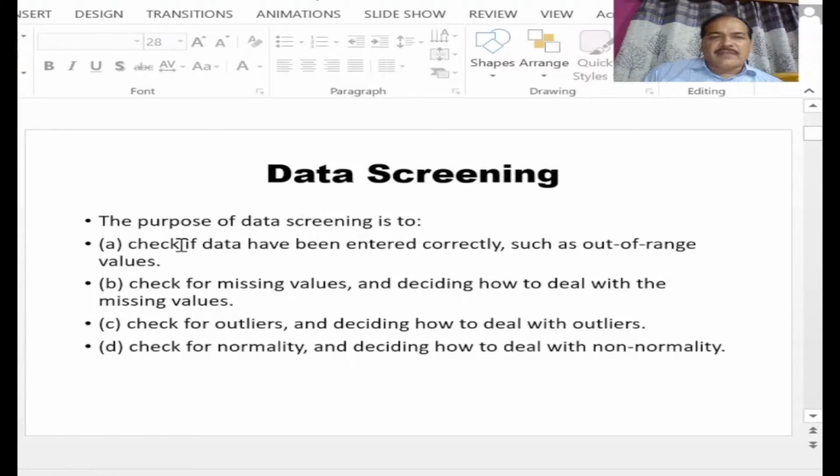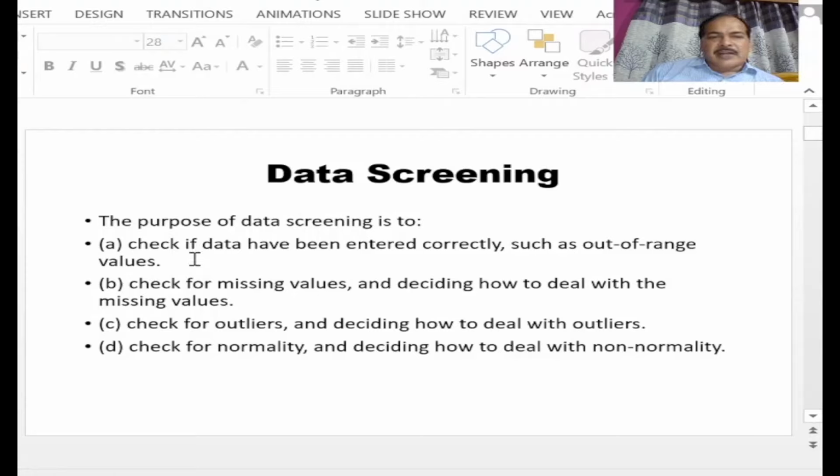For example, if the data range is 1, 2, 3, 4, 5, instead of 1, 2, 3, 4, 5 we have entered a value like 15 or 17 or 21. In that case, we can identify the incorrectly entered data.